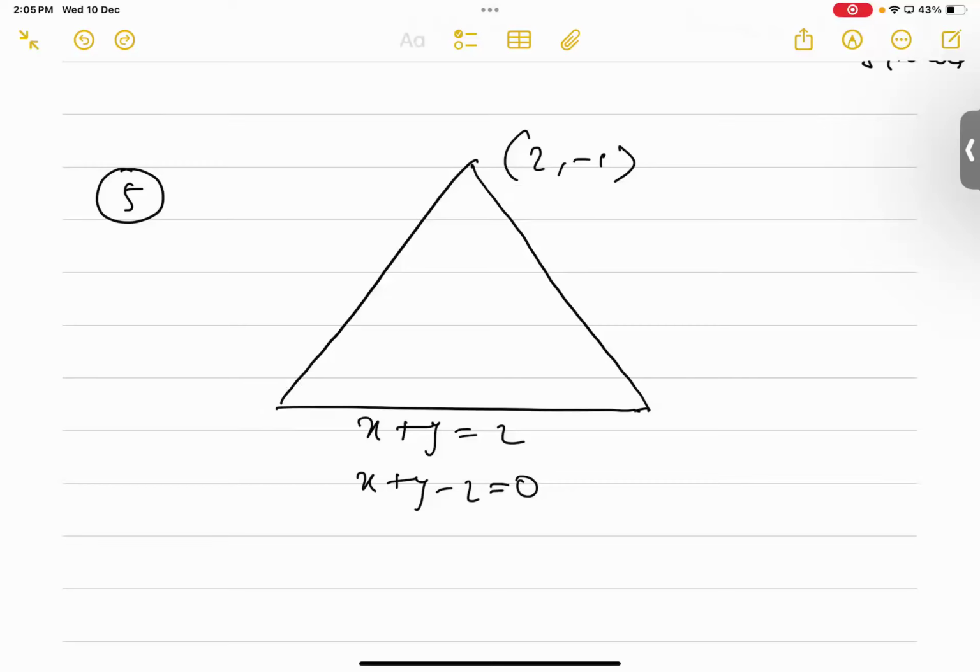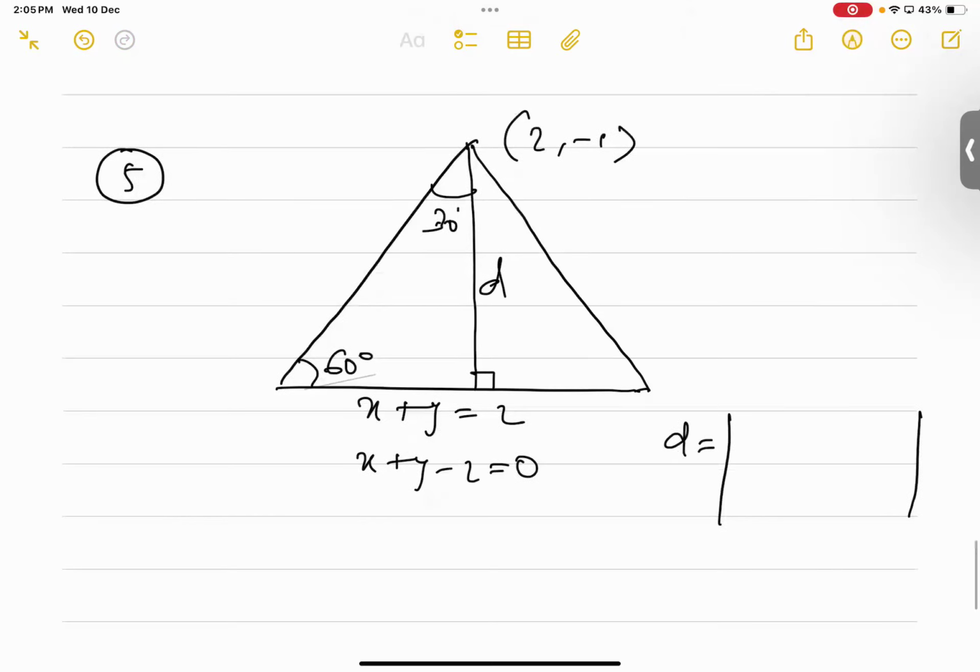So now see, we will drop a perpendicular over here. Equilateral triangle. So this is 60 degrees, this is 30 degrees, right? After dropping a perpendicular, this will be 30 degrees. Now this distance D is equal to modulus of ax1 plus by1 plus c, where ax plus by plus c is equal to 0. This is x1, y1.